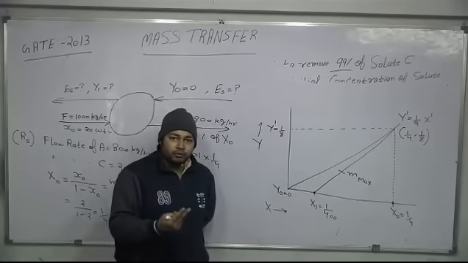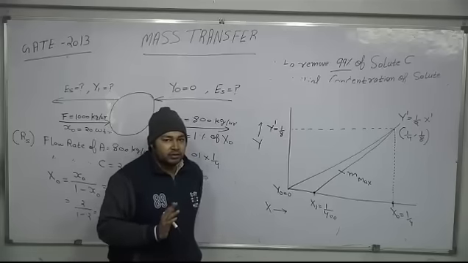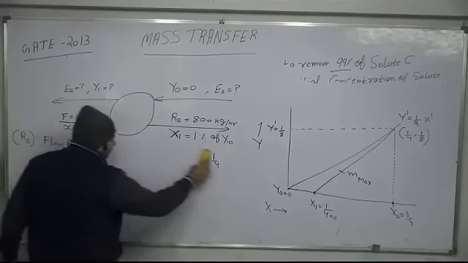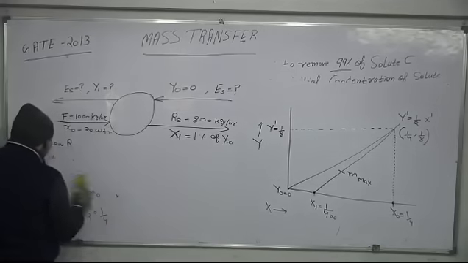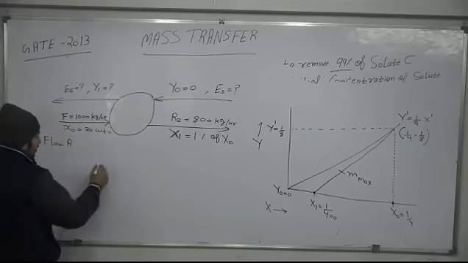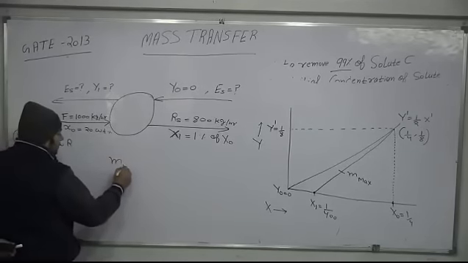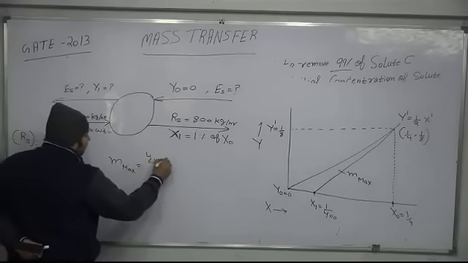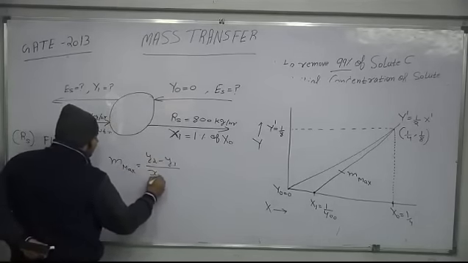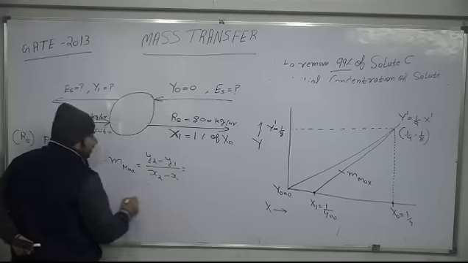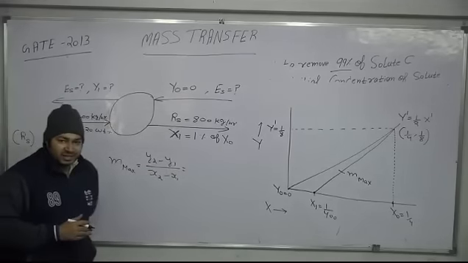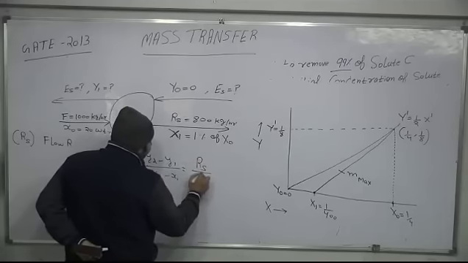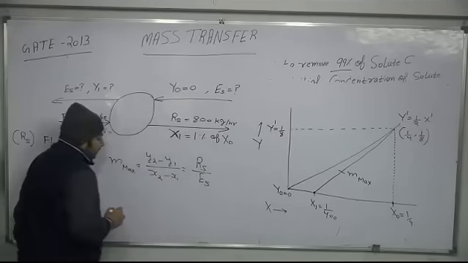For a line, if 2 points are known to me, I can determine the value of slope. So slope can be determined now. The slope, which is the maximum slope, is given by y2 minus y1 divided by x2 minus x1. And for the case of extraction, the slope of the operating line is RS upon ES.